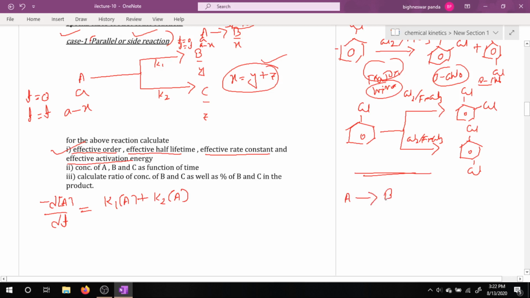A gives rise to B with rate k1[A], and A gives rise to C with rate k2[A]. Since A is involved in these two reactions, the net change in concentration, minus dA by dt, is equal to k1[A] plus k2[A].